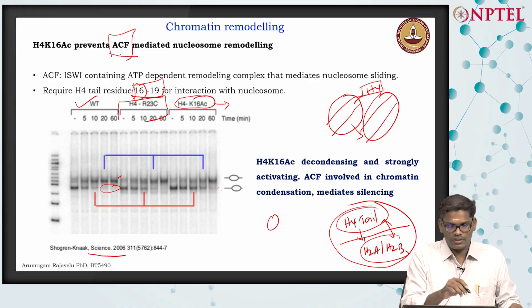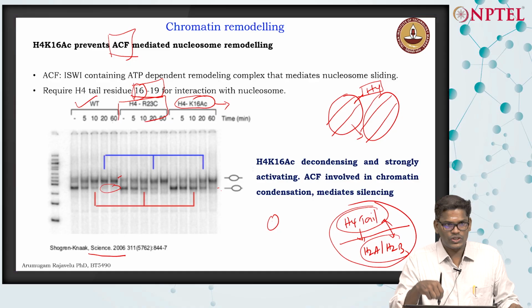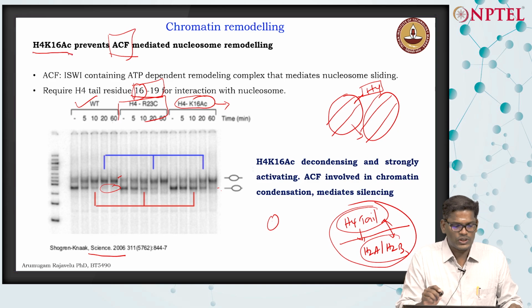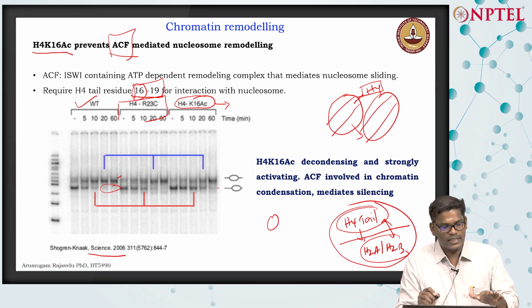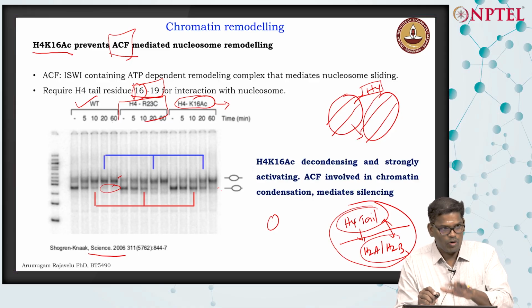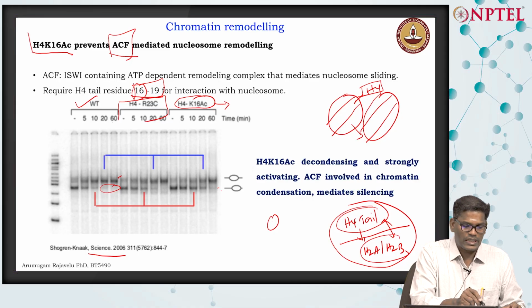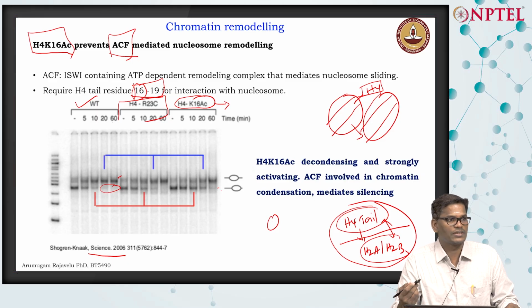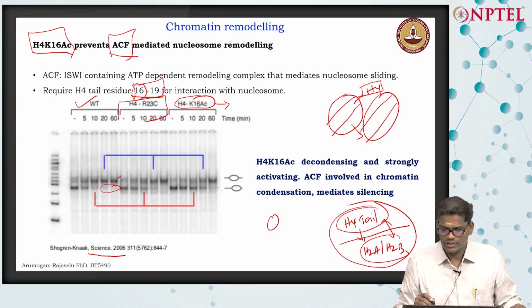So there is a complex mechanism. When I show a structure in an upcoming class, you will understand how it works. Right now, keep in mind that histone 4 lysine acetylation prevents ACF dependent chromatin remodeling, but this is also gene activation. That means this ACF may be involved in chromatin compaction, right? Good.